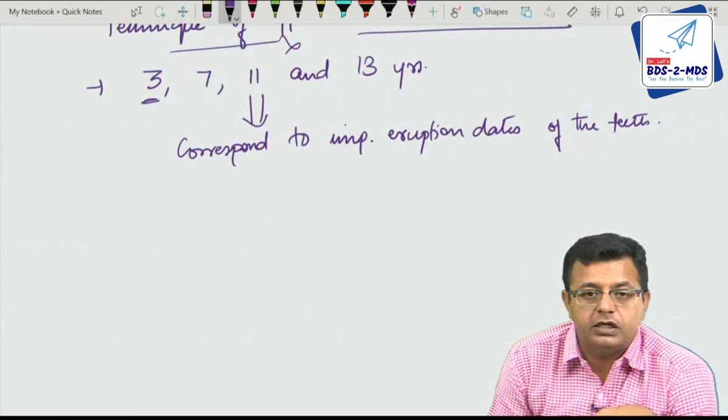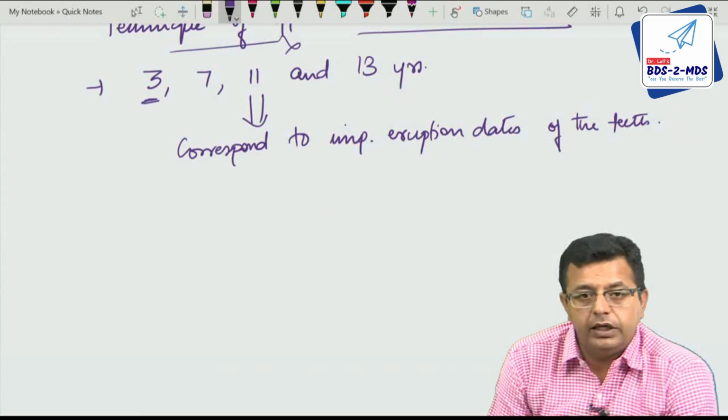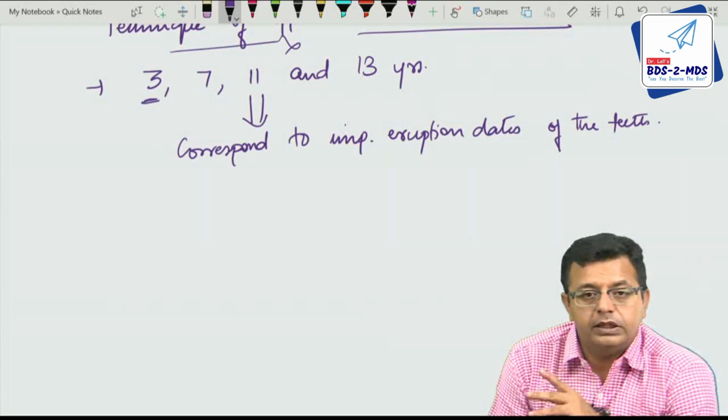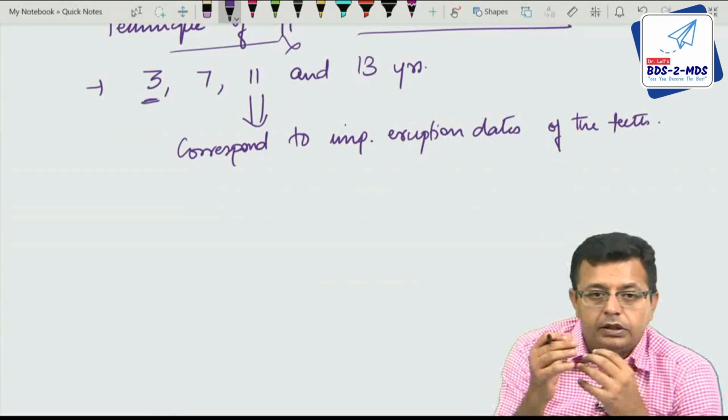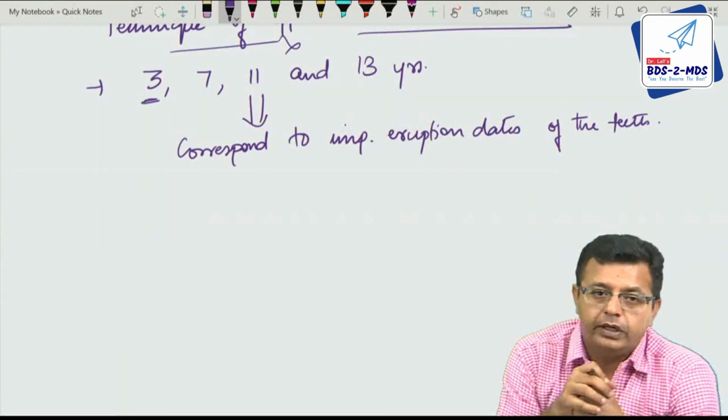At the end of 7 years, the aim is to target the permanent first molar. At 11 years, the aim is to target premolars, and at 13 years, the aim is to target the permanent second molar.